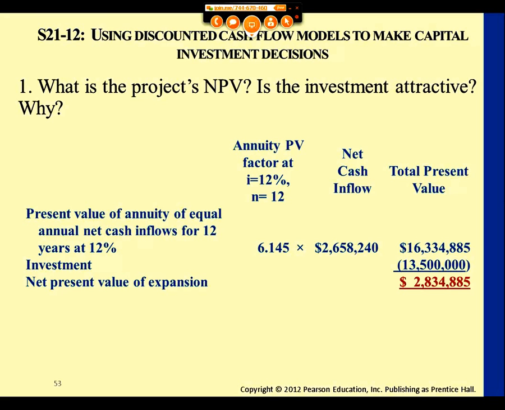I'm going to take our inflow, calculated it, and multiply by this factor that I'm giving you, 6.145, right? So to calculate, you take the number that we just calculated, and you multiply it by the factor.